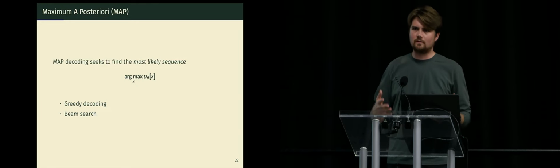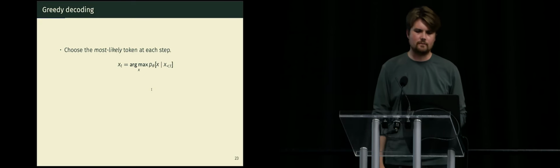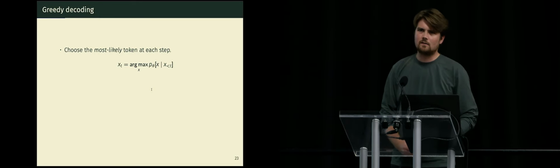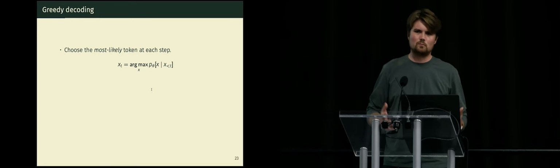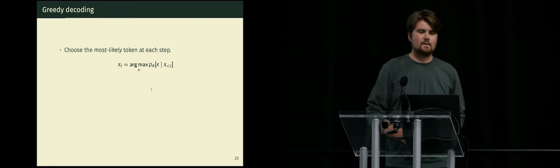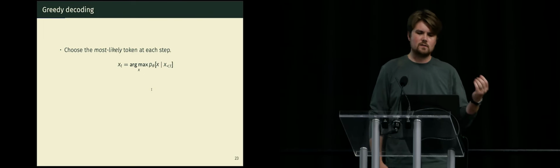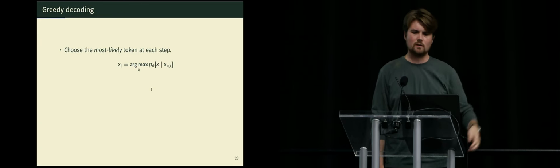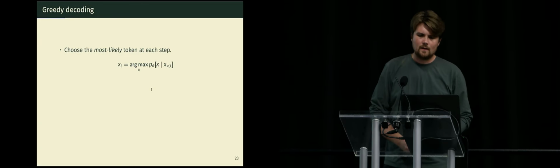You want to find the most likely continuation given the prefix. So the first most obvious way of doing this is greedy decoding, where at each step during generation you just take the highest scoring token, the most likely token.